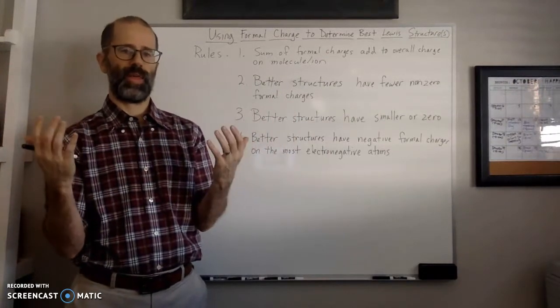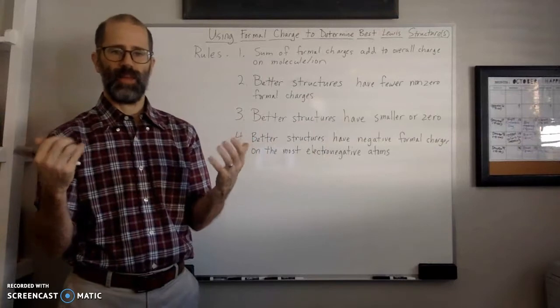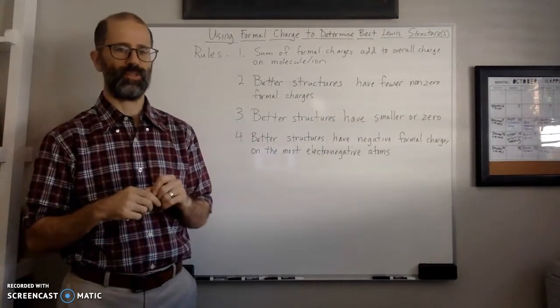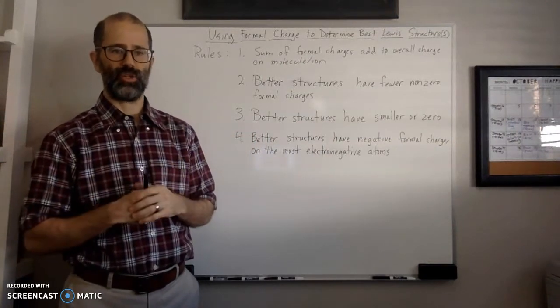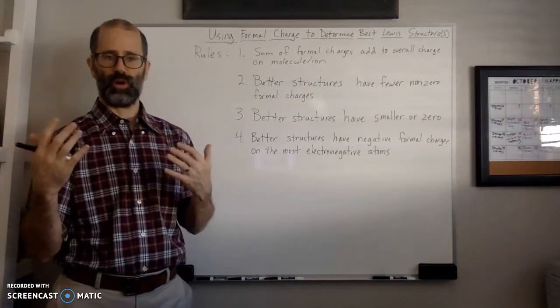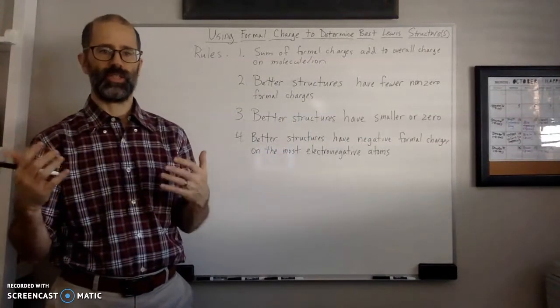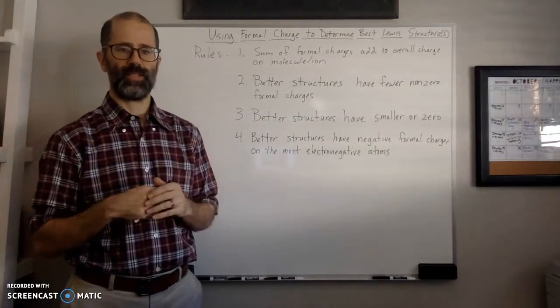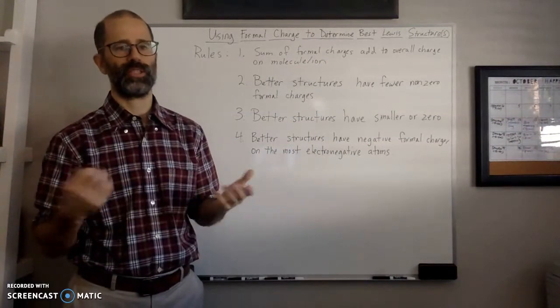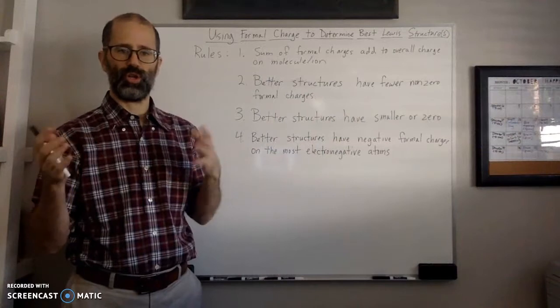Then when you're comparing that, you want to look at the size of the charges themselves. So in that case, you're looking at which one has more 0 formal charges than the other, or which one has smaller formal charges than the other.